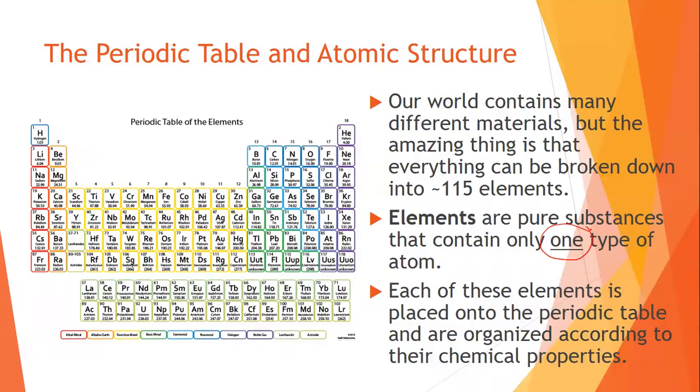Now, the elements are arranged on the periodic table in a very specific way, okay? And they are arranged according to their chemical properties. So how many electrons they have, how heavy they are, how reactive they are, okay? All of these things allow us to arrange these elements on the periodic table in some sort of order.